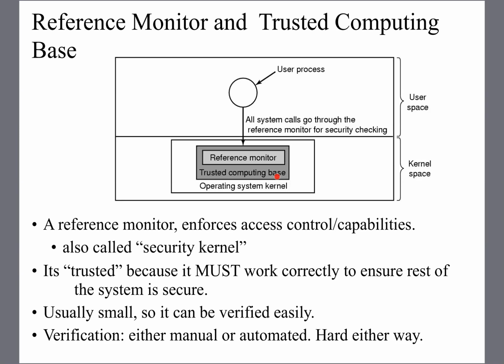You notice that this is called trusted, and if something is trusted, people get this nice warm and fuzzy feeling that everything is secure. But actually, trust is a bad thing, right?